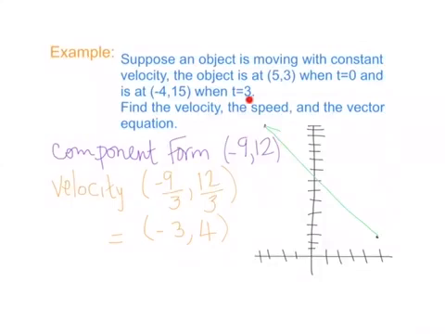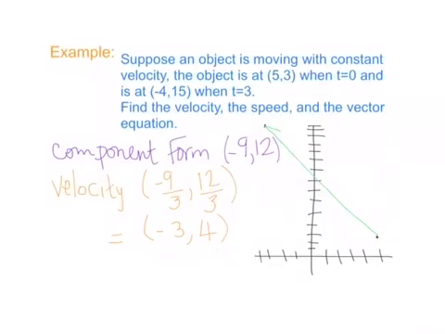So just looking at this, 3 seconds, that's not the vector for 1 unit of time, that's like 3 units of time. So I need just 1 second, so it will keep going -3, or left 3, up 4. Okay, so that's the velocity, negative 3, 4.